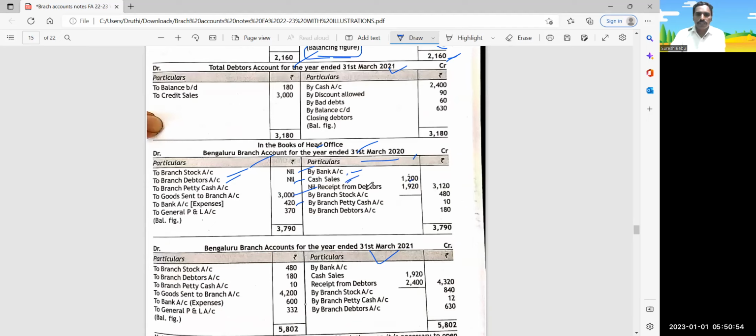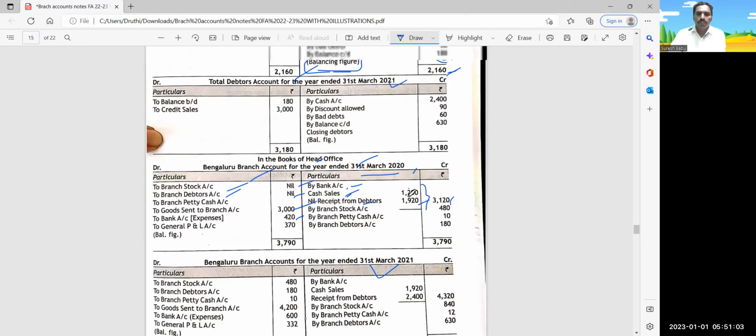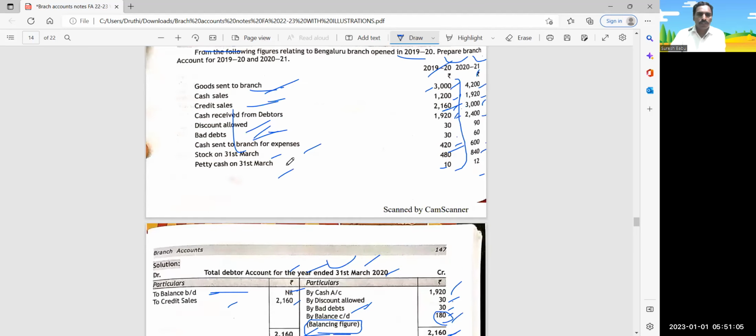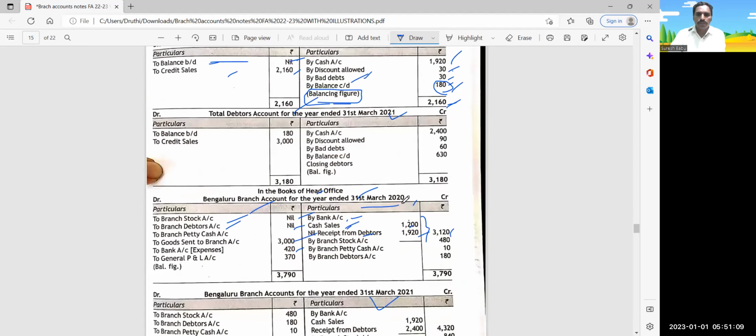One is cash sales 1,200, receipts from, that is cash received from debtors is 1,920, total is 3,120. So closing stock, they have said it, right? Closing stock is 480, closing petty cash 10 rupees in 2020. See, now all the items are over. Before closing, ensure you are writing 180 rupees.